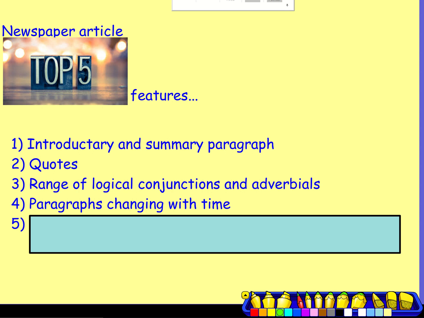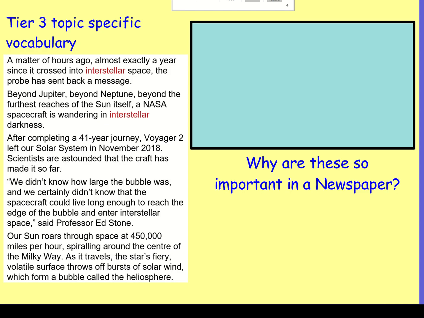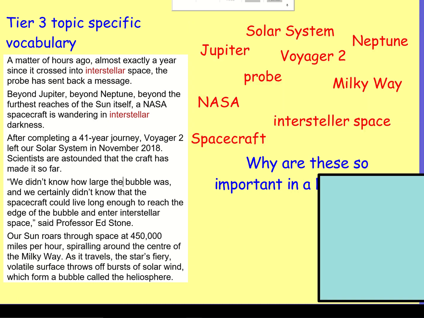Our final feature is Tier 3 topic specific vocabulary. Now you're going to be like, what on earth is that? Don't worry, it's just words that are specific to the subject of the article. Now I'll explain what that means even more. It's meaning, because this is all about space, it's any words to do with space.